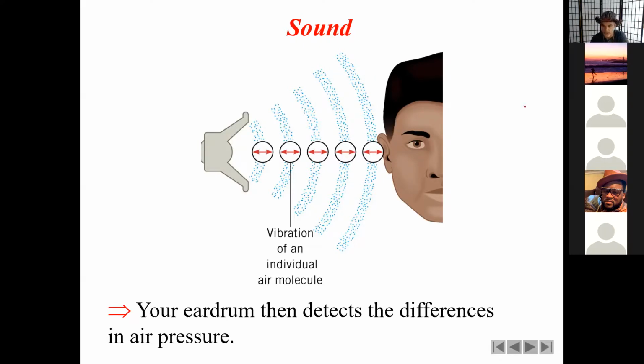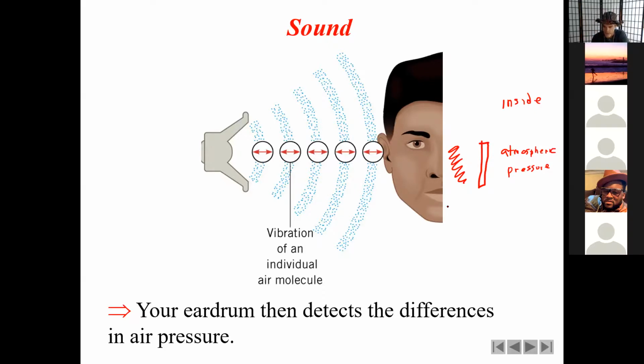So, let's say here's your eardrum, and here's inside your head. Inside your head, you're basically at atmospheric pressure. However, if the pressure out here is not at atmospheric pressure, then there's going to be a force on your eardrum causing your eardrum to move.